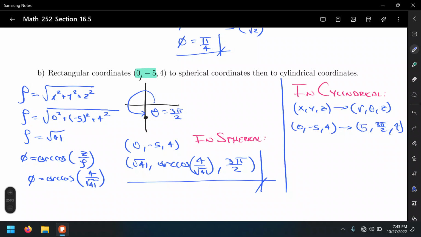In some cases, there's no need to show that calculation. However, if you got a point somewhere over here, in that case, use the formula. So r equals the square root of x squared plus y squared, where x equals 0 and y equals -5: 0 squared plus negative 5 squared.